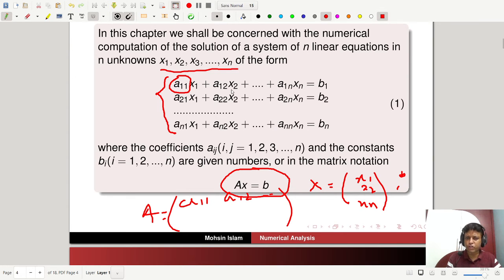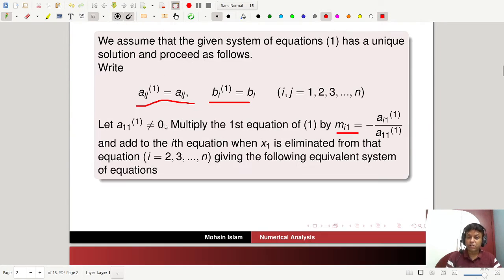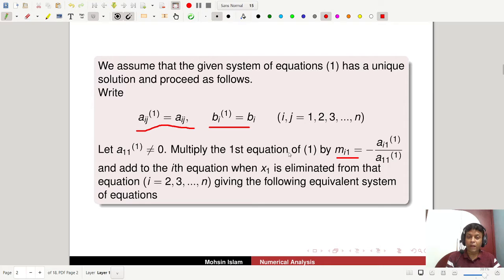I am dividing the first equation by a11 and multiplying the first equation by a21, the coefficient of x1 in the second equation, and try to eliminate this x1. So what you have to do? You have to do r2 minus r1, after the multiplication. So that is how to multiply the first equation.